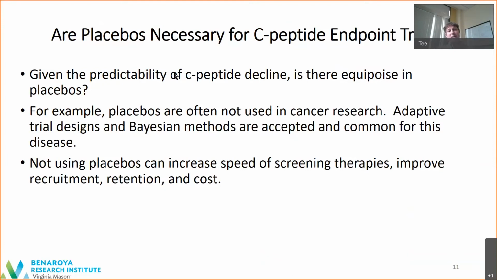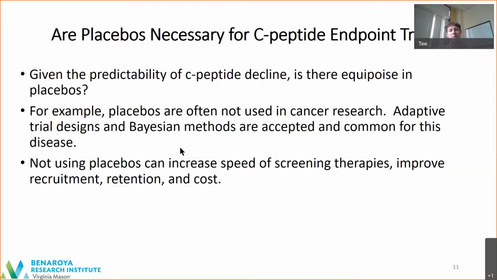And of course, the argument is that type 1 diabetes is not like depression studies. We have a very objective and predictable outcome, and we really don't need sugar pills to study this decline and compare treated subjects with a group randomized to placebo. And as you probably know, placebos are often not used, for example, in cancer research.